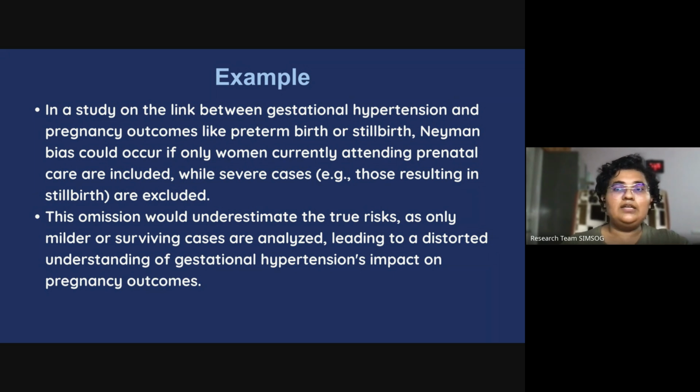And if I exclude those 10 participants from my analysis, and let us assume 100 of them get cured, so if I omit the participants with the more severe cases, that is those who died, then that would lead to a distorted understanding of the efficacy of this treatment. That is name and bias.